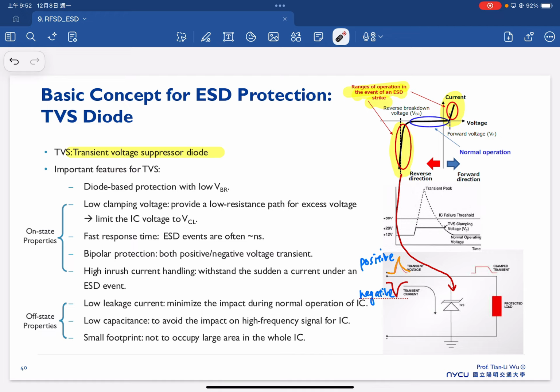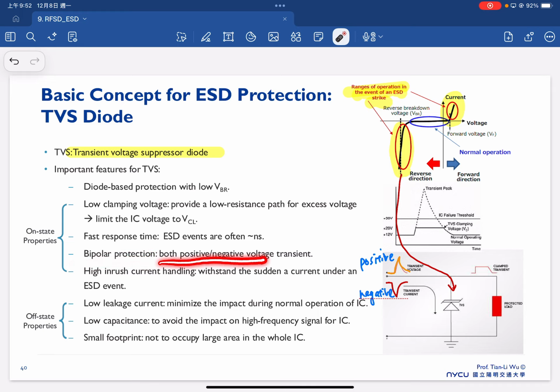The diode-based protection has a lower breakdown voltage here, and during the on state, the low clamping voltage provides a low resistance path for the excess voltage. Also, it has a fast response time that can often operate in the nanosecond range, and this is a bipolar protection, for both positive and negative voltage transients.